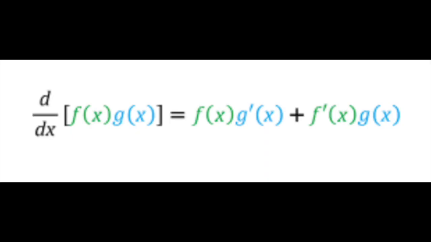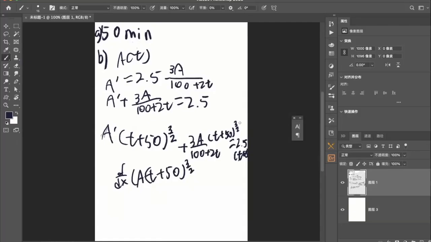Let's just treat f of x as A and g of x as 15 plus t to the 3 over 2. Doesn't that match the product rule? So this is the proof of why when you multiply by the integrating factor, the left will become the derivative of A times 15 plus t to the 3 over 2.